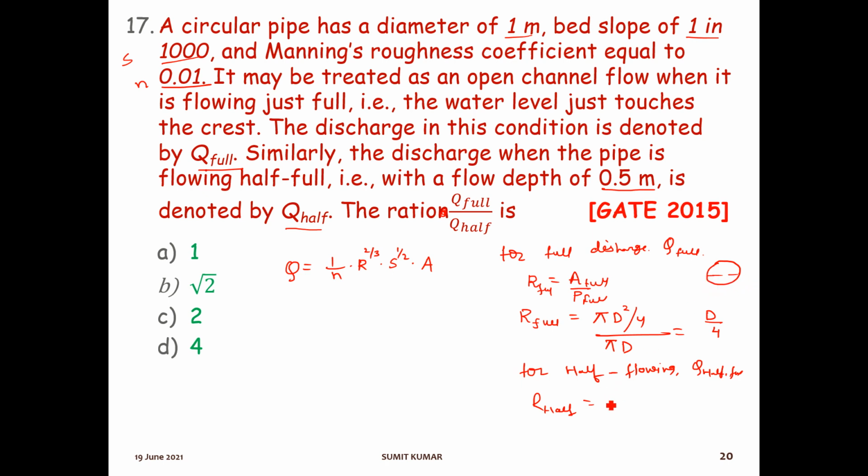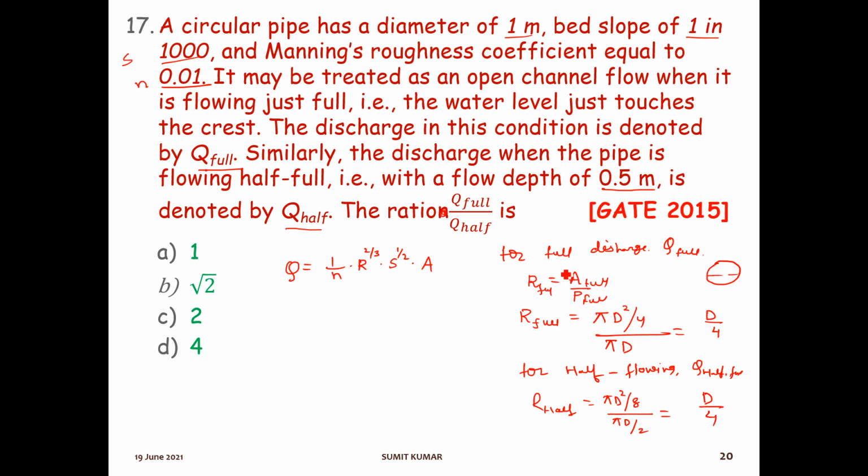It is pi d square by 4, so half of that is pi d square by 8, divided by the perimeter, pi d by 2. Pi cancels, d square and d cancel, 8 by 2 is 4. That is d by 4 again.